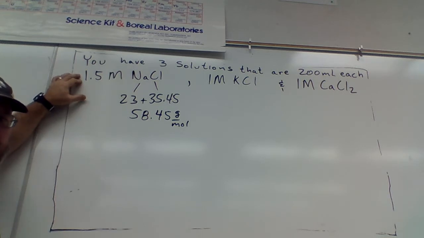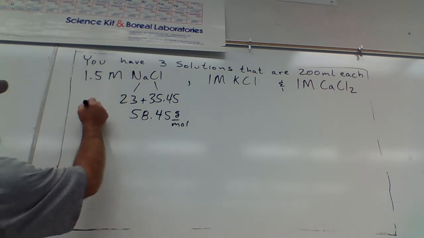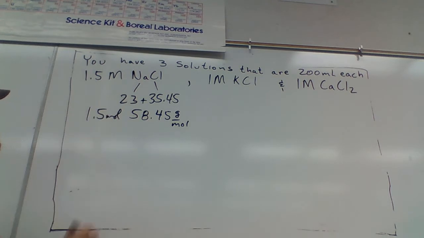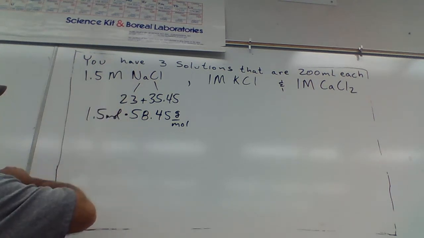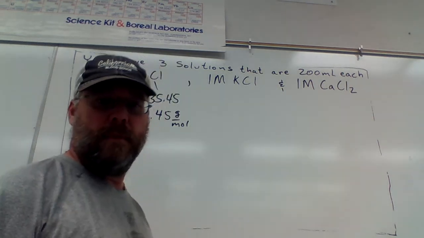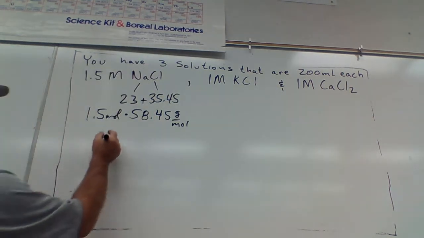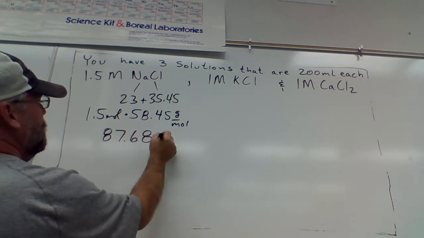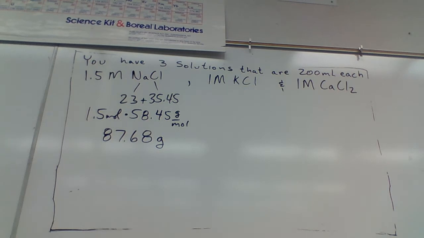If we wanted to, we could multiply by 0.2 for the 200 milliliters, 2/10 of a whole liter. But if I just multiply that by 1.5 moles, I'm going to get pretty much the same result either way. So if I multiply those together, I get 87.68 grams would go in there.